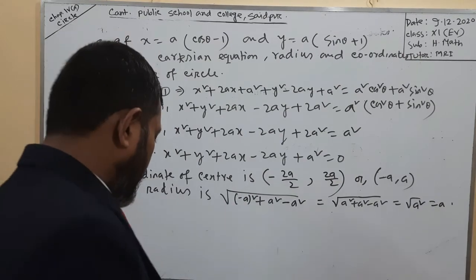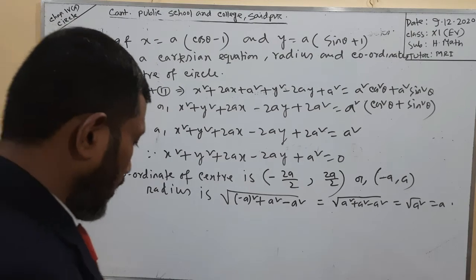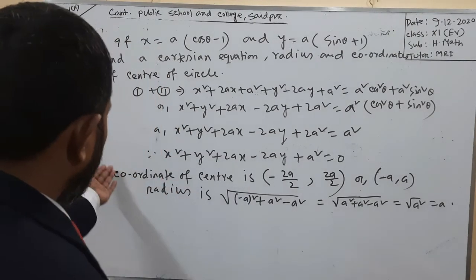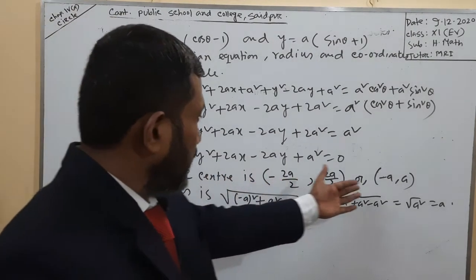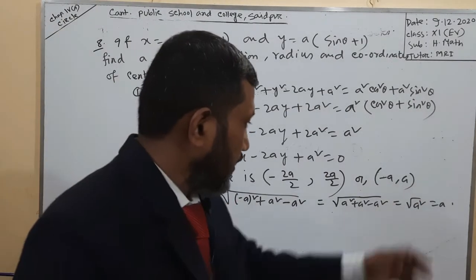This is the required answer. Here coordinates of center is minus a comma a, and length of the radius is a.